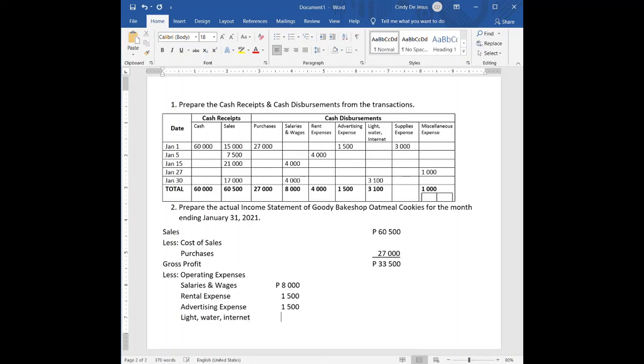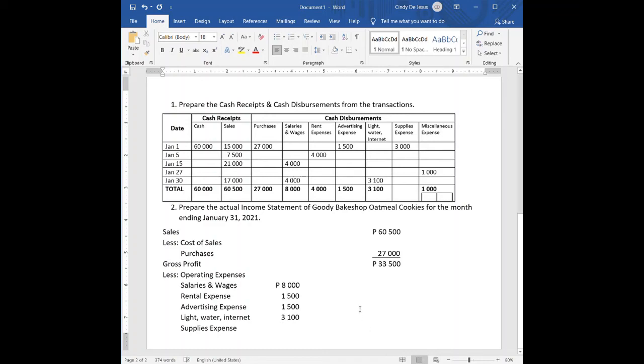How much is your expense there? 3,100. Okay, then next would be the supplies expense, which is equivalent to how much in all?